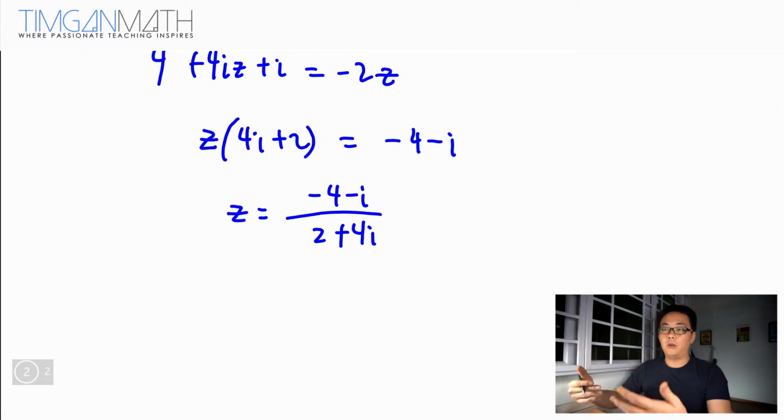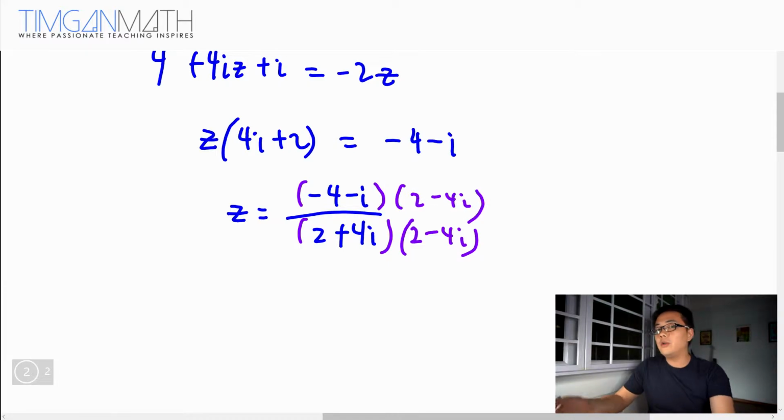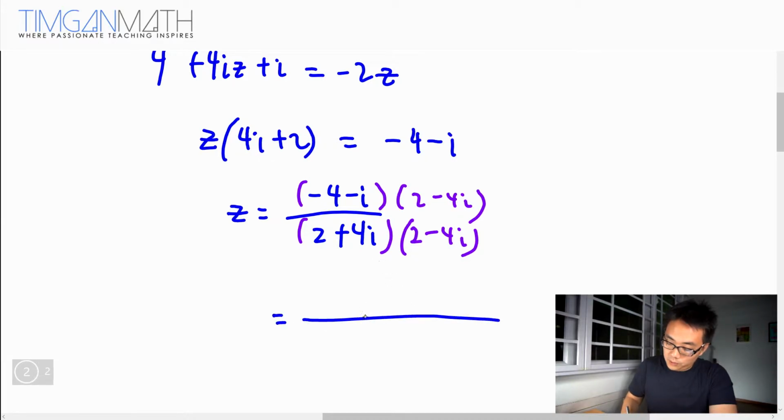So this could actually be simplified. Basically, you just multiply top and bottom by the conjugate, and you're good to go. So this is 2 minus 4i, and this is 2 minus 4i, right? Or you could just use the GC and find it, but I'm just going to quickly do this by hand. The denominator is 4 plus 16, conjugate multiplied, which is a squared plus b squared.